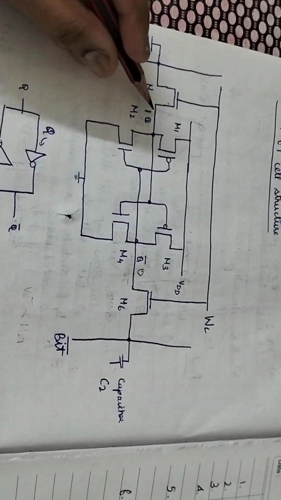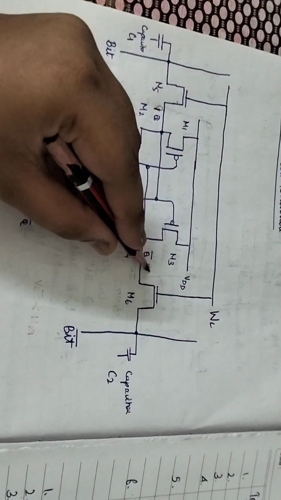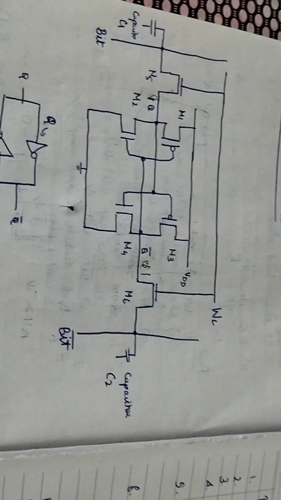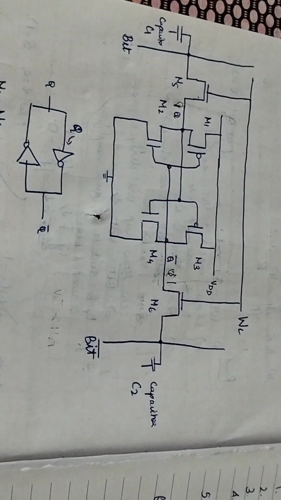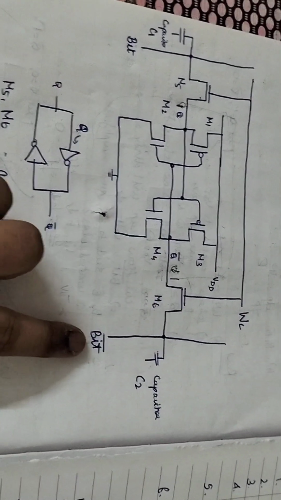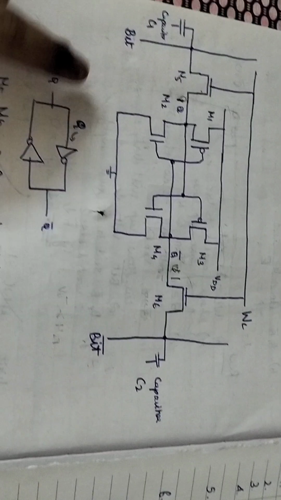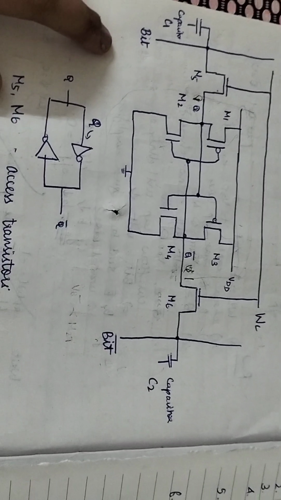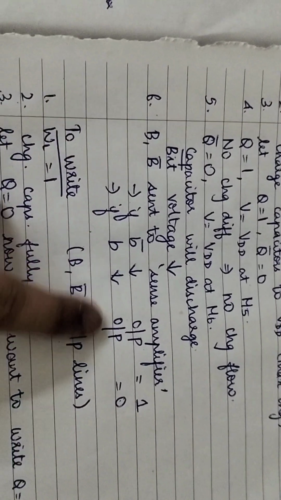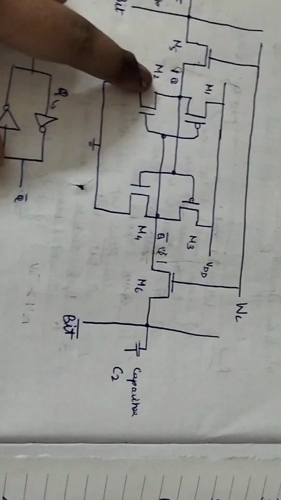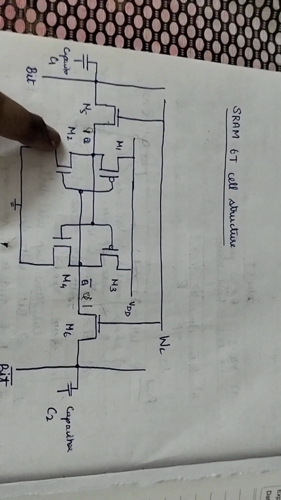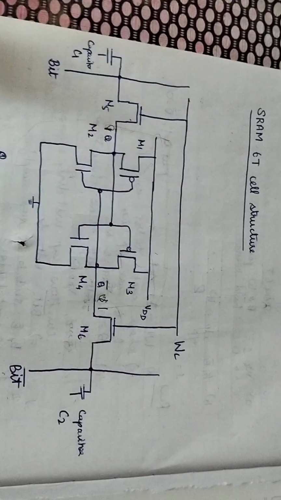Now if this had been a 0 and if this had been a 1, if you work out along the same lines, you will realize that this one's voltage will remain constant, this one's voltage will start decreasing. Again you send both to the sense amplifier. According to this condition, it will give me a 0. So while reading from an SRAM cell, this is how I read Q, which is the value stored in it.